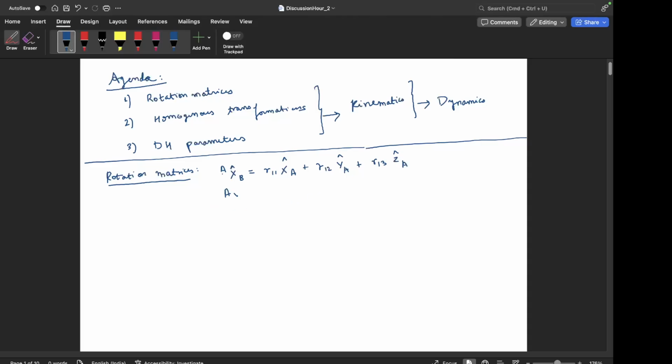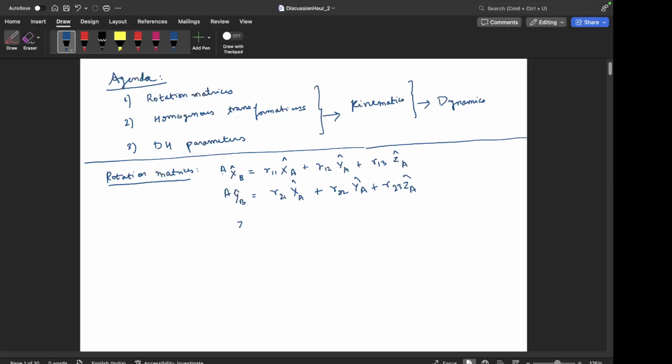Similarly, for the y-axis, it's R21 XA hat plus R22 YA hat and R23 ZA hat.